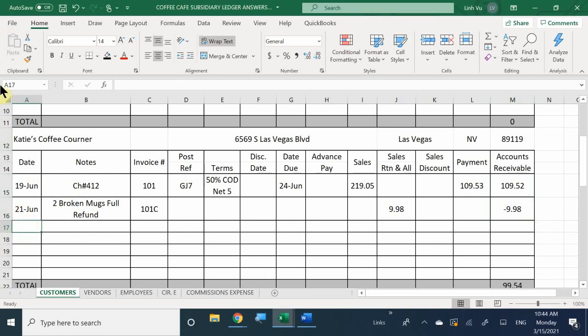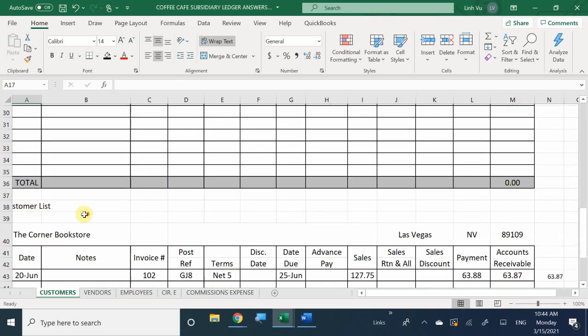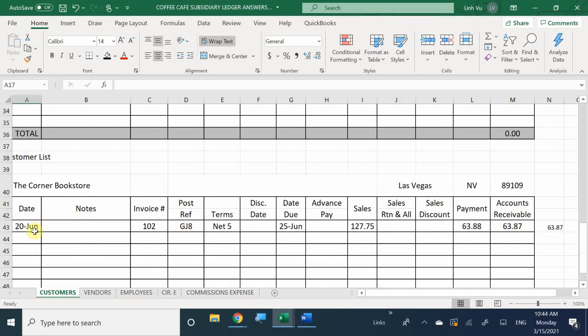Once again, we're not on Katie, we're on the corner bookstore. Here we are. 621. All right. What are we going to put here?